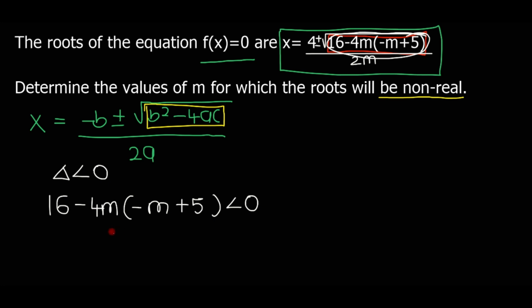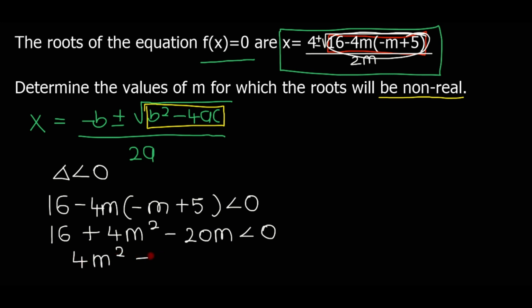So from there let's multiply out the bracket, so generally 16, negative 4m times minus m generally positive 4m squared, and then negative 4m times positive 5 gives negative 20m, and then less than 0. So we write in the standard form: 4m squared minus 20m plus 16 less than 0, because this is just a quadratic.